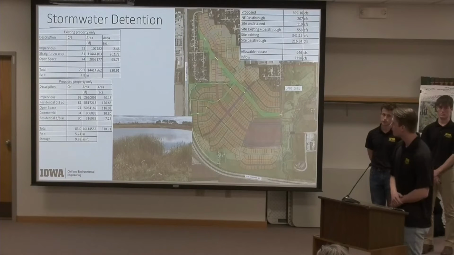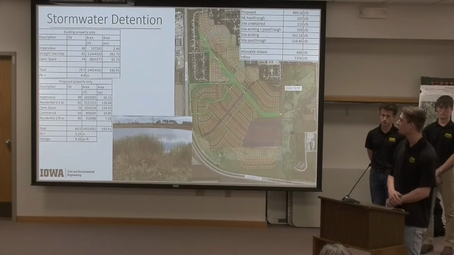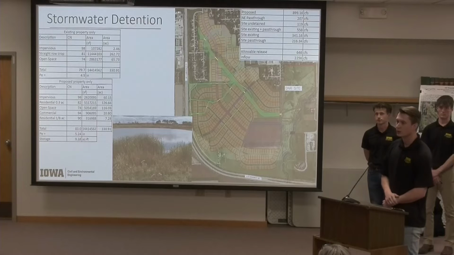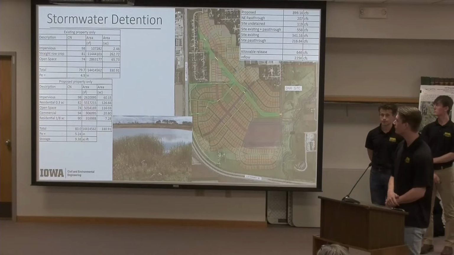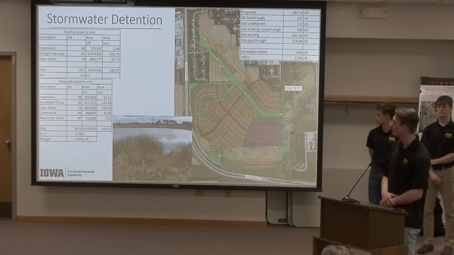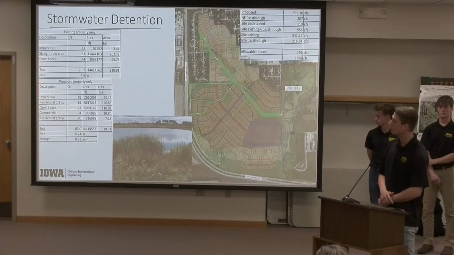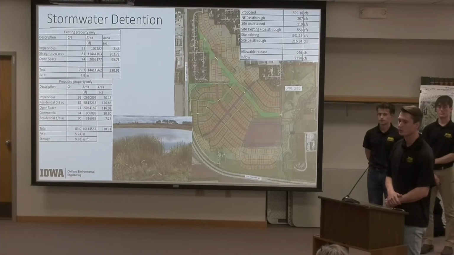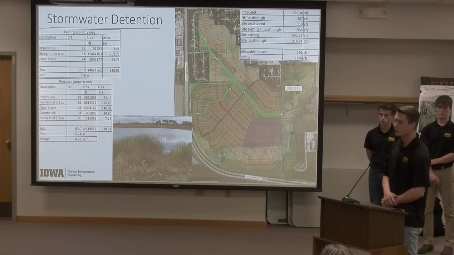The required storage was calculated based off of the difference in runoff from the existing ground, which consisted of mainly farm field, to the proposed condition. As development increases, so does impervious area and therefore runoff, and this runoff needs to be stored and released at a controlled rate.